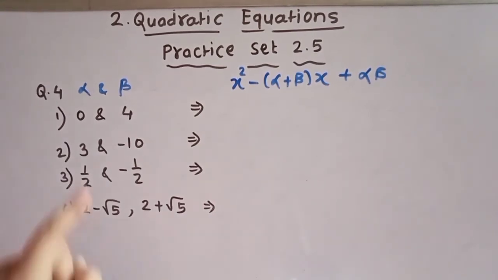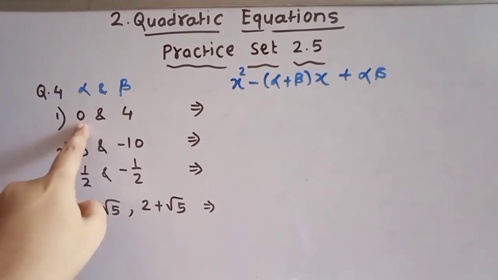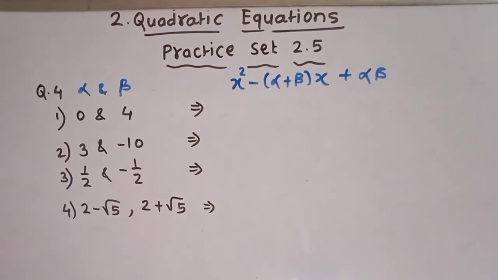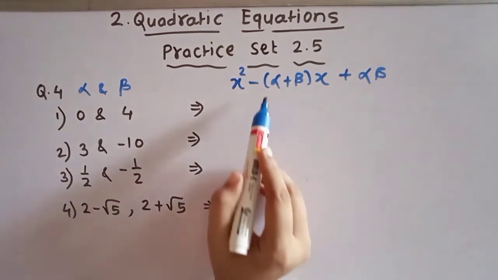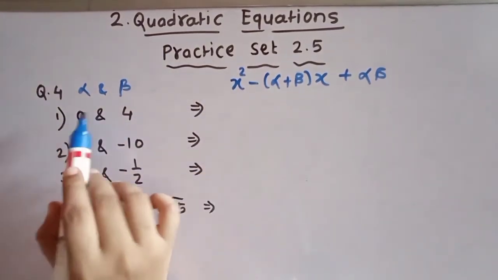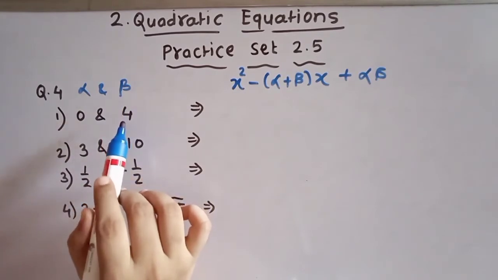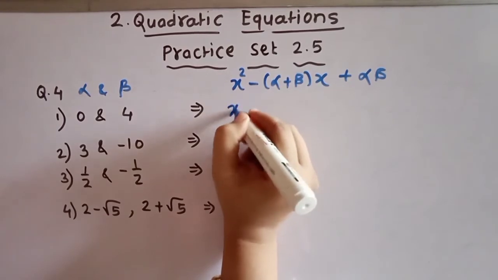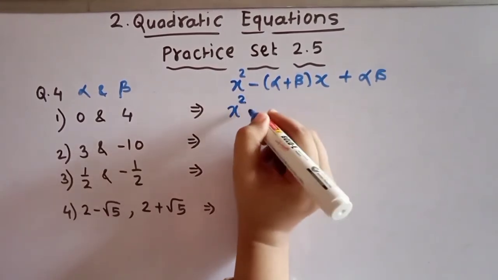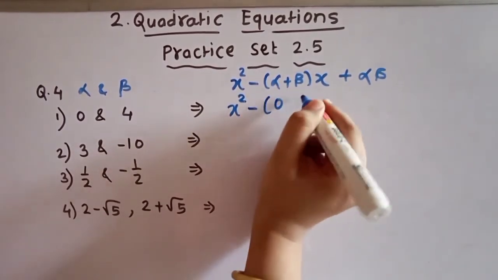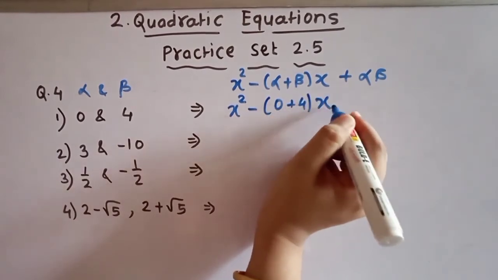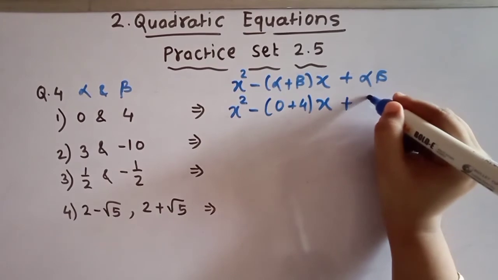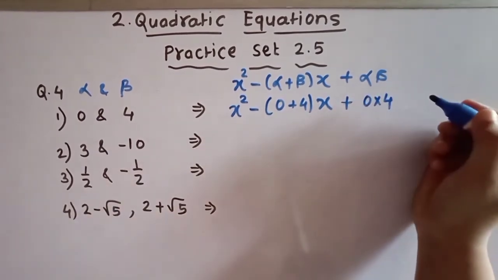So see, first given is alpha is 0 and beta is 4. So you have to write here, let alpha is equal to 0 and beta is equal to 4. Therefore alpha plus beta will be what? Write x square as it is minus (alpha plus beta, that is 0 plus 4) x plus alpha into beta, which is 0 into 4.